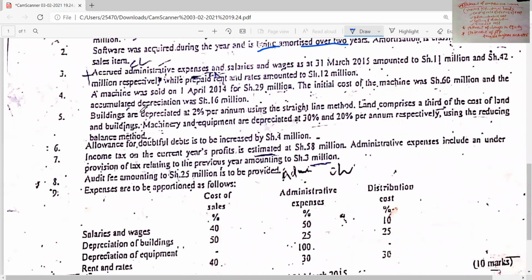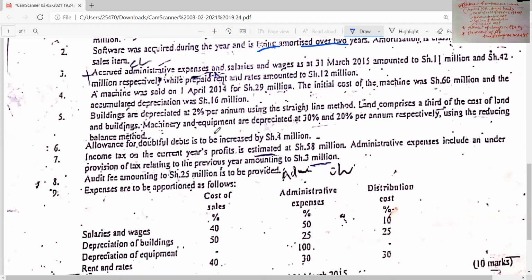Number 5, buildings are depreciated at 2% per annum using the straight line method.